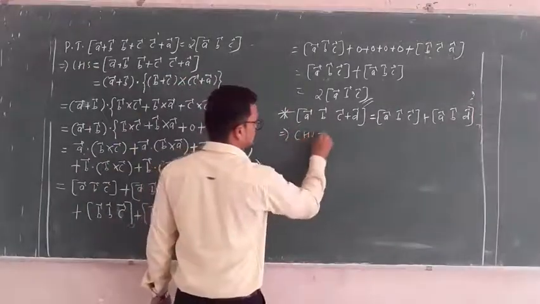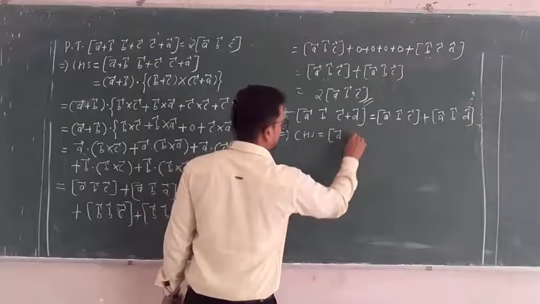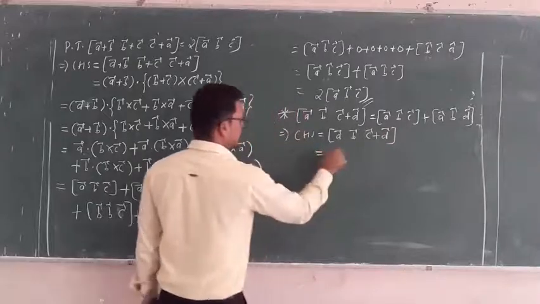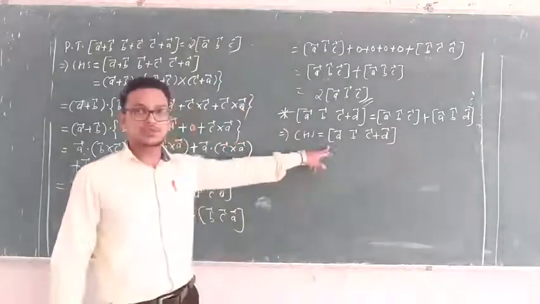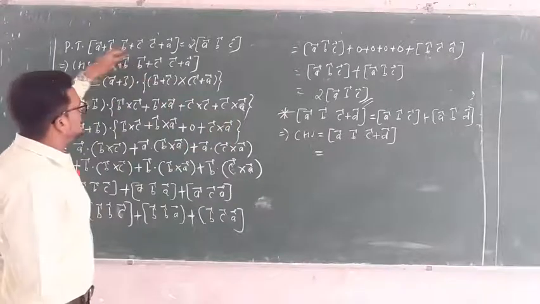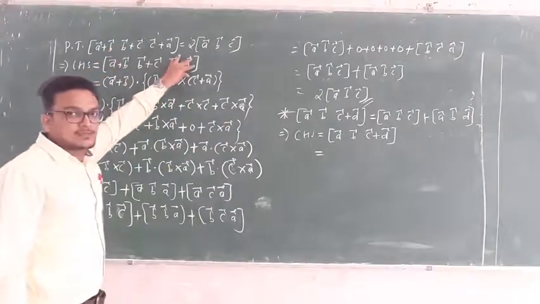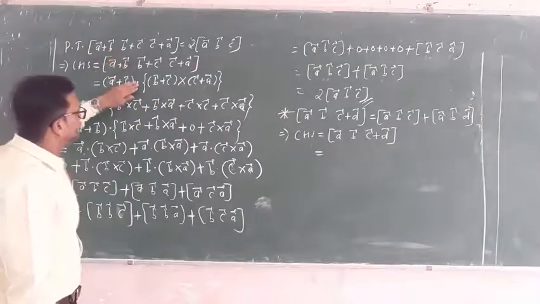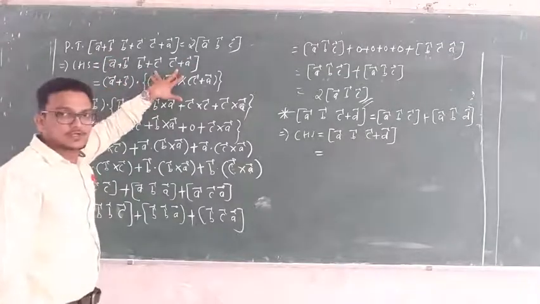First we will take the LHS, the square bracket of A, B, C plus D, which is equal to, now as you have written here for the square bracket of A plus B, B plus C, C plus A, how have we written it? First term as it is, dot the cross product of the next two.